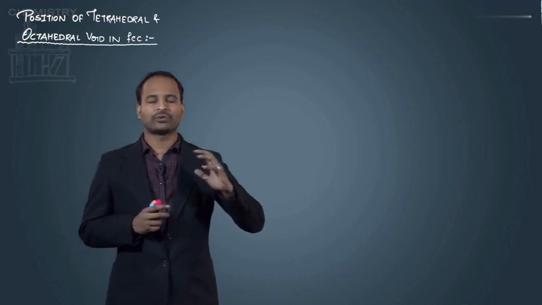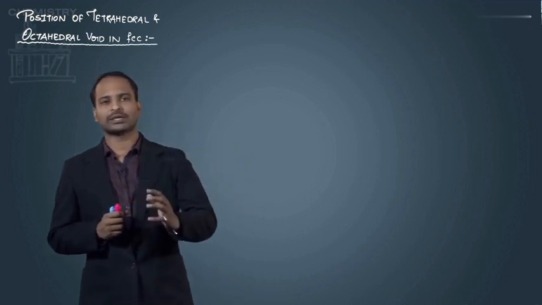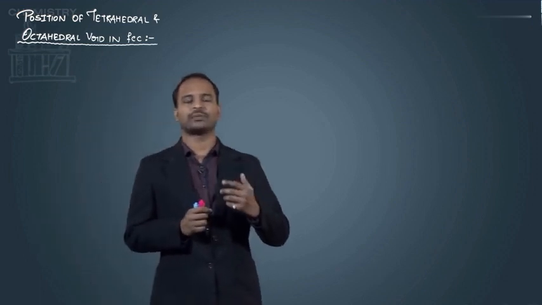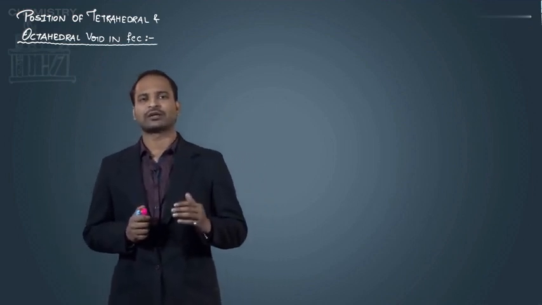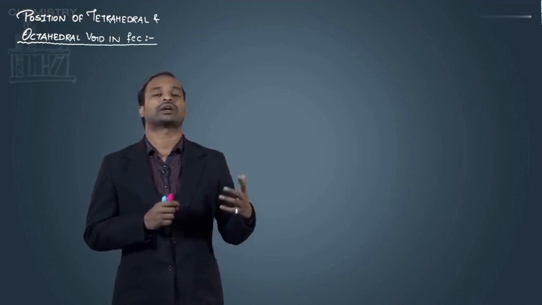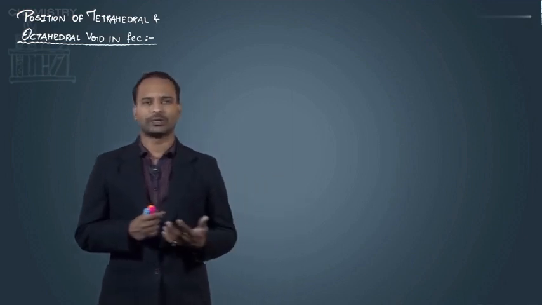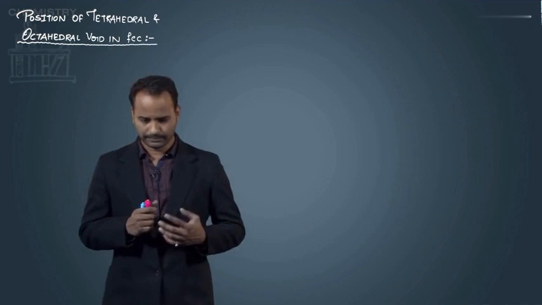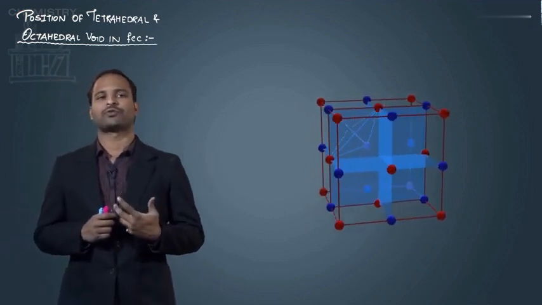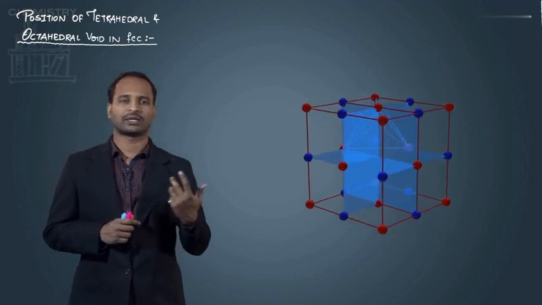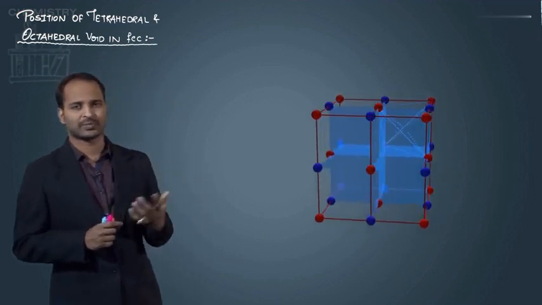So I just wanted to know: if it is a face-centered cubic cell, which is formed in ABC type packing, and there are tetrahedral voids and octahedral voids, then what is the position of the tetrahedral voids and octahedral voids in a cubic cell, where are they present? Tetrahedral voids, as we know, are the voids surrounded by 4 spheres, and octahedral voids are surrounded by 6 spheres.